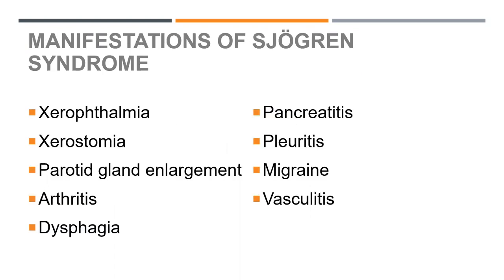What do we see when we have Sjogren syndrome? Ocular, we see xerophthalmia or dry eyes because of decreased tear production that leads to keratoconjunctivitis and photophobia lasting greater than 3 months.